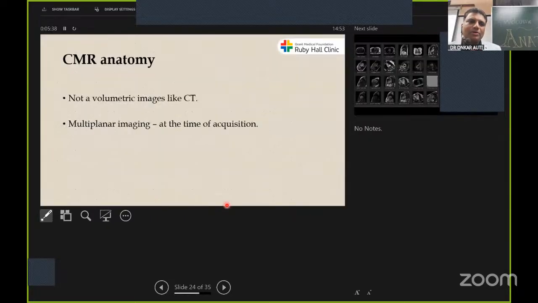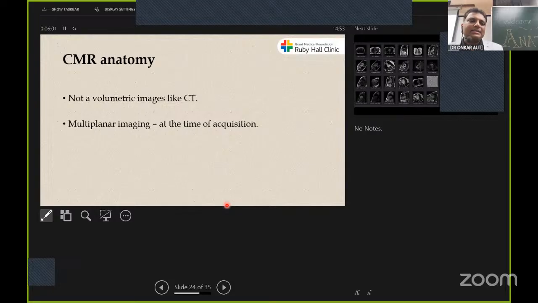Now we move on to the cardiac MR anatomy. Okay, so MR is a little different technology where the images are taken by exploiting the magnetic properties in our body. So it is not volumetric images like CT. Like CT, you have seen that just one data set is there. You can manipulate it, you can rotate it, you can do whatever you want to do.